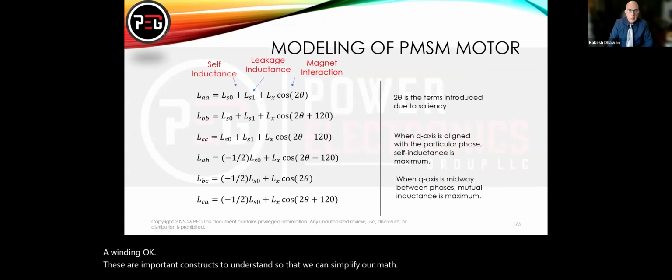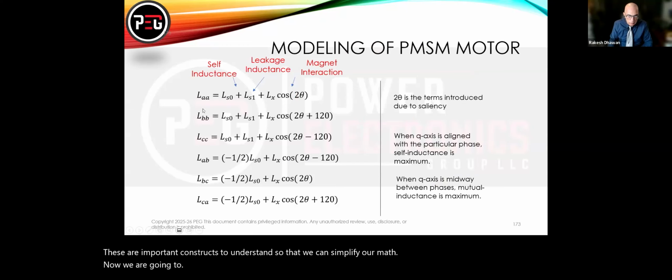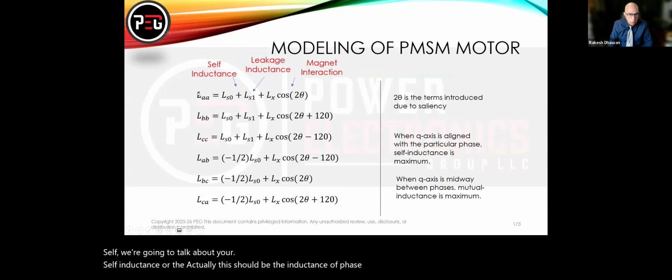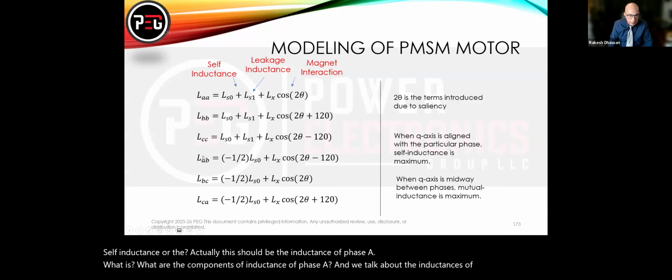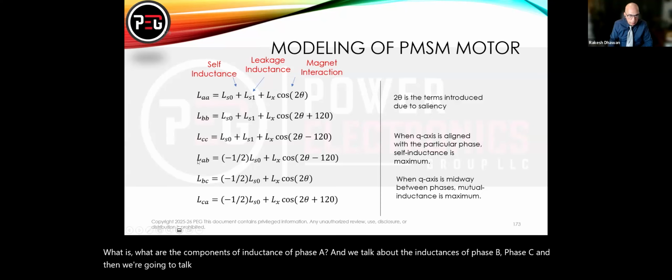Now, we are going to talk about the self-inductance, or actually this should be the inductance of phase A. What are the components of inductance of phase A? And we're going to talk about the inductances of phase B, phase C, and then we're going to talk about inductance of AB, BC, CA.